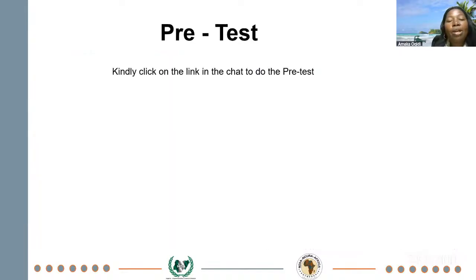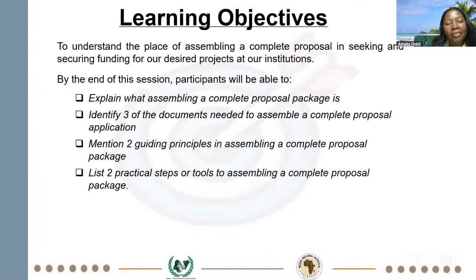Okay. So, learning objectives. The main purpose is for us to learn some of the skills involved in assembling a complete grant proposal in our efforts to seek and secure funding for our desired projects, for our investigators and scientists.